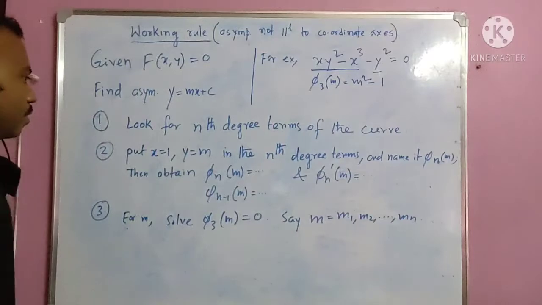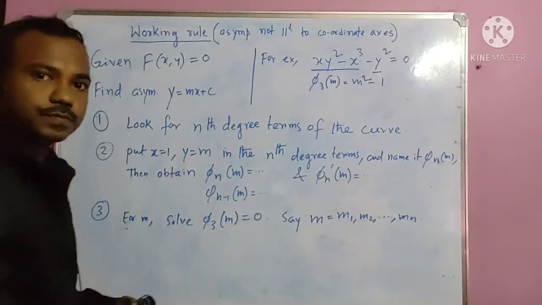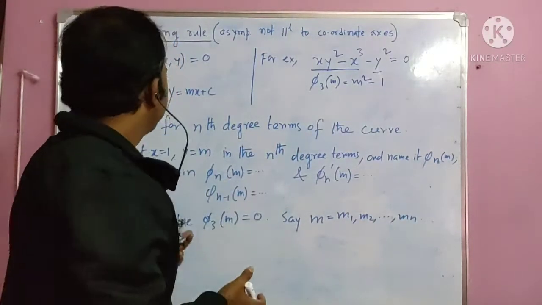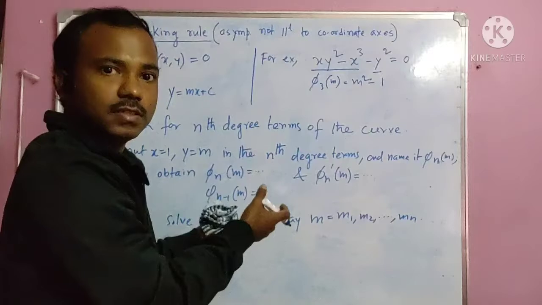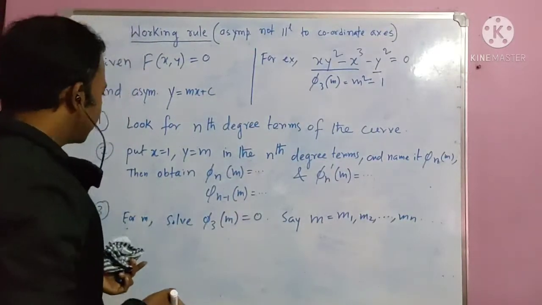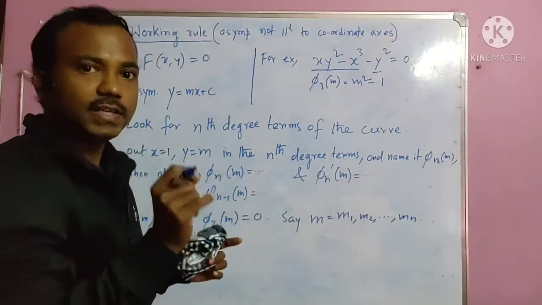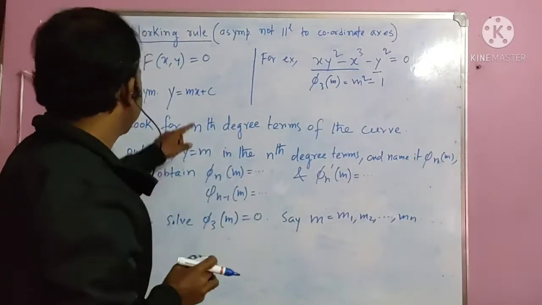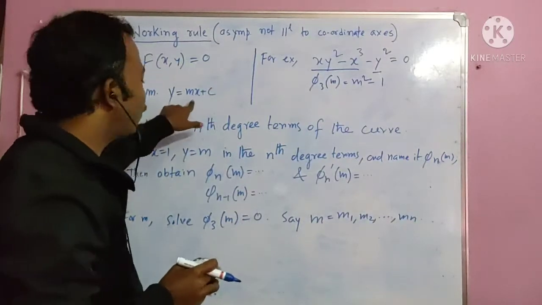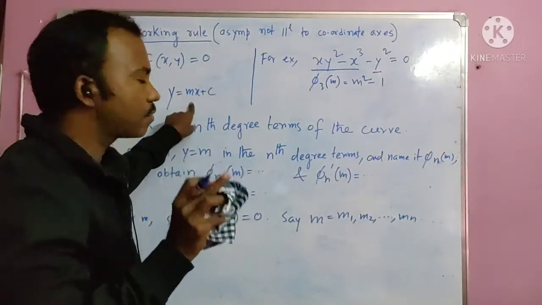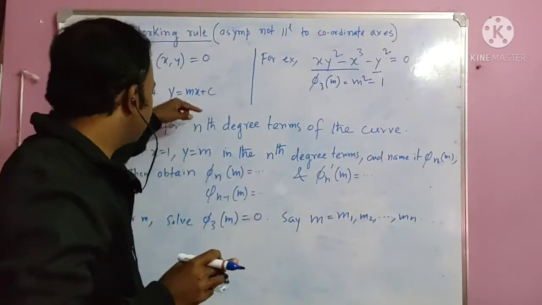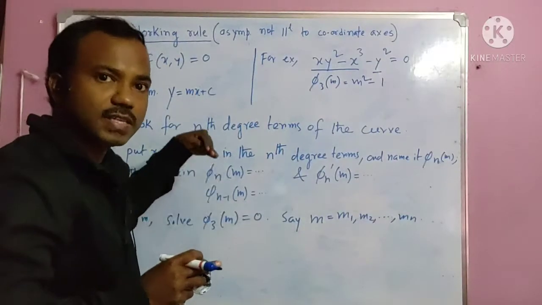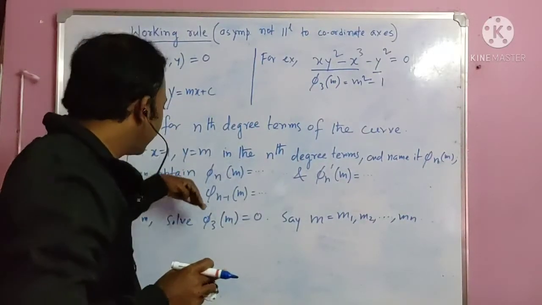Do you recognize what is happening overall here? We are finding y equals m x plus c, this straight line. For that, we need to calculate m and c. The working rule is going in that direction. We will find m.